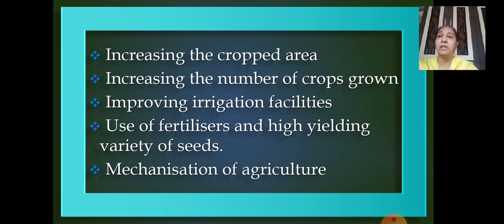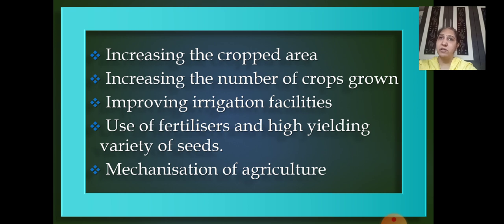We have learned many crops that require heavy rainfall, but it is not possible to always wait for the rainfall, right? So irrigation facilities should be such that water is available all the time, and that helps in improving agricultural activities.